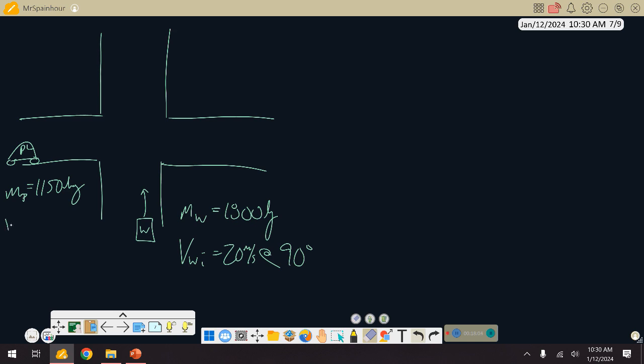Let's actually go a little faster. Let's go 60 meters per second. That's roughly how fast? Like 130, 140 miles an hour. They're booking it real hard. And what angle would this be at? 0 degrees.